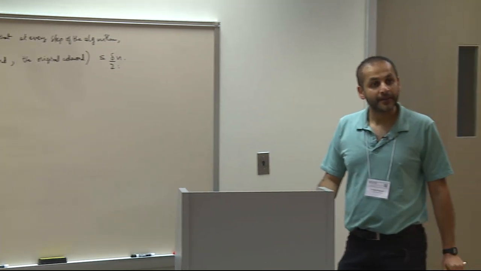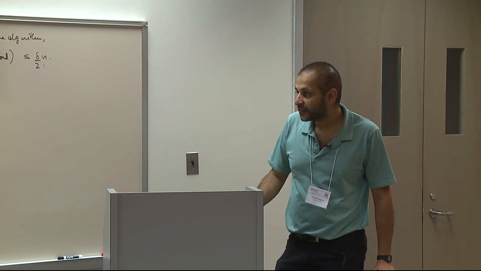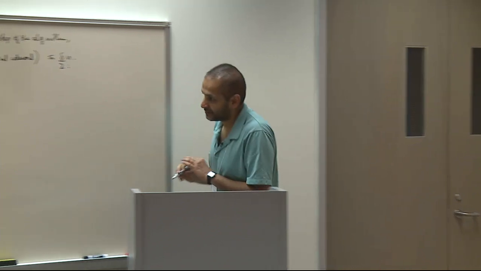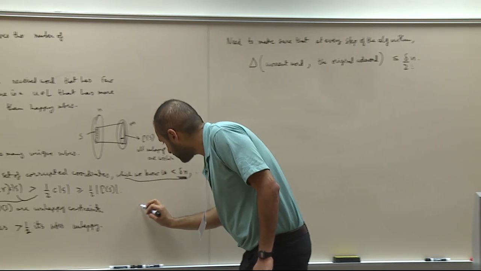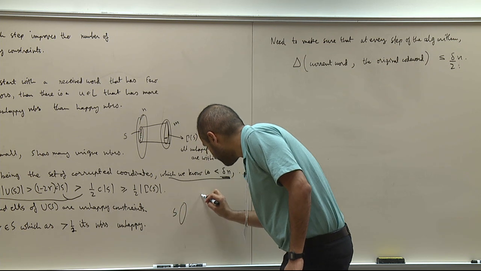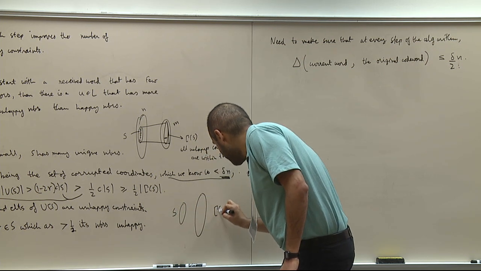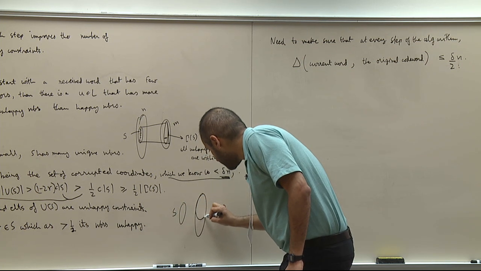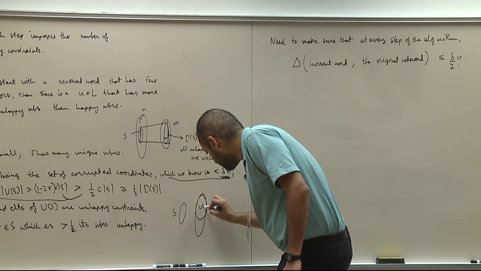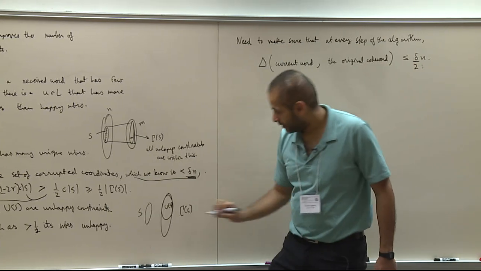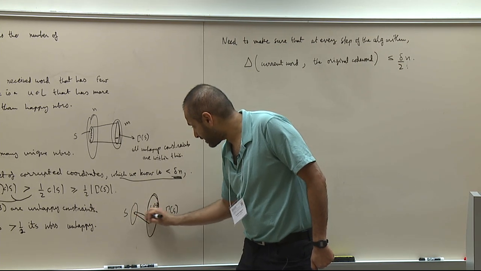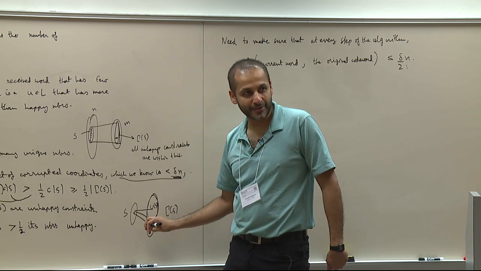Can you explain again why the last line holds? So this is S, and this is the neighborhood of S. We showed just now that the unique neighborhood is more than half. Every vertex has some of its neighbors in the unique set and some outside.